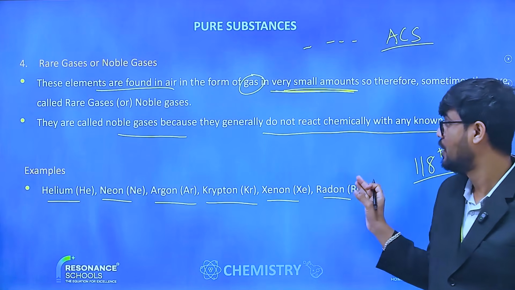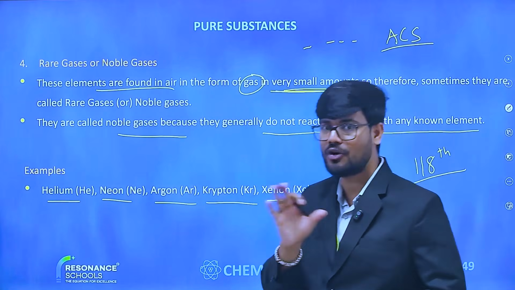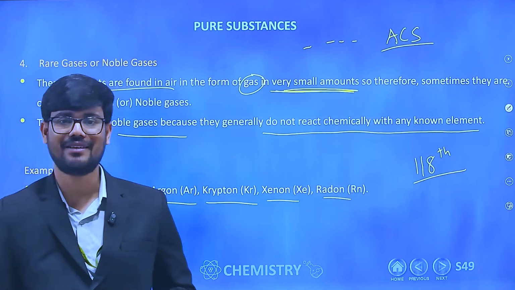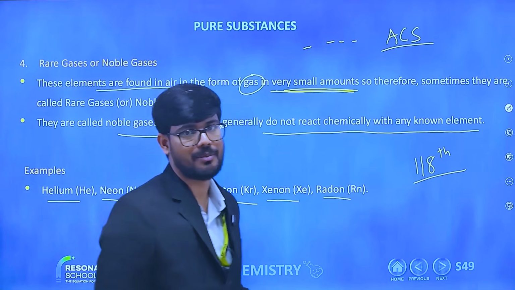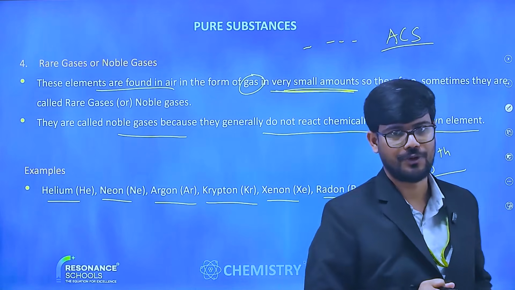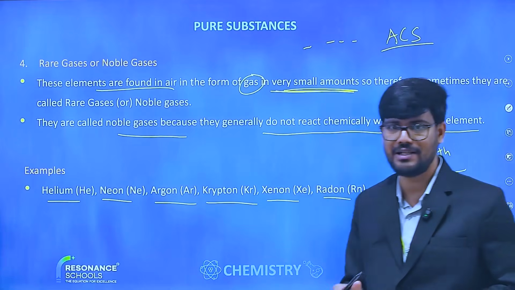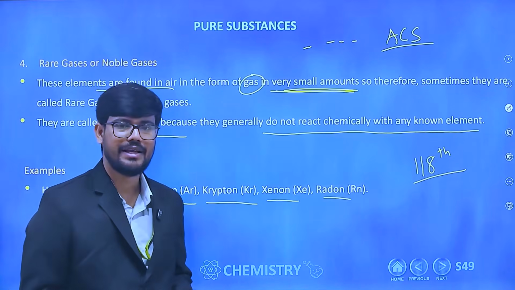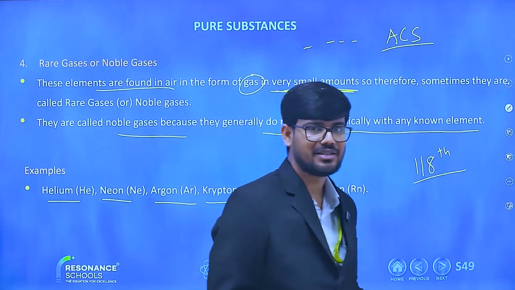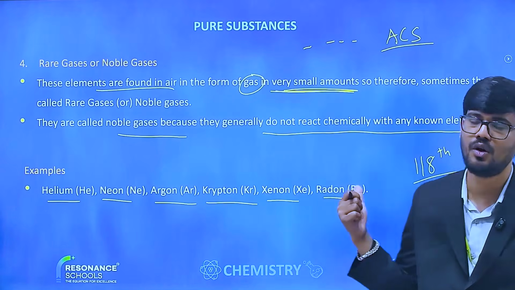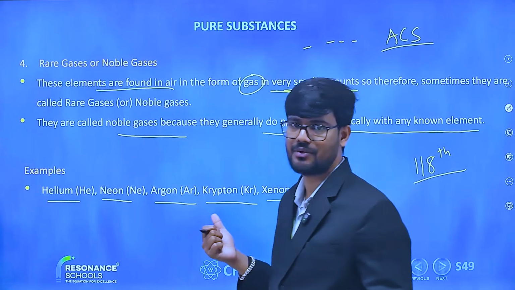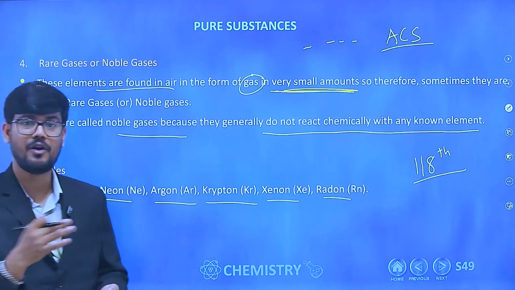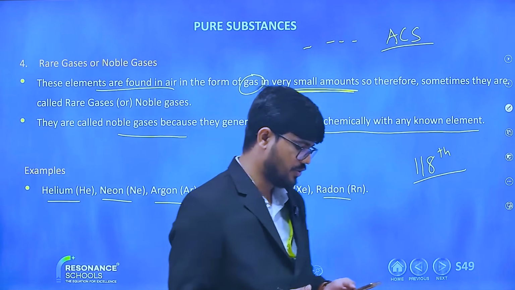Similarly, if you don't know these 118 elements, I'm not asking you to remember all of that, but my suggestion is at least 80 elements you have to remember from the exam point of view. It may not be required right now. You have 1 year, 2 years time. Since you are in 7, by the end of the 8th class, you must recall all 80 or 90 elements. Now if you are practicing, recalling all these elements, it will be very good.